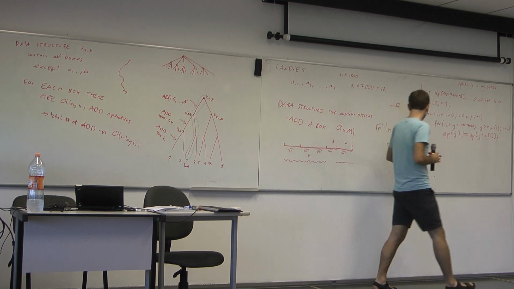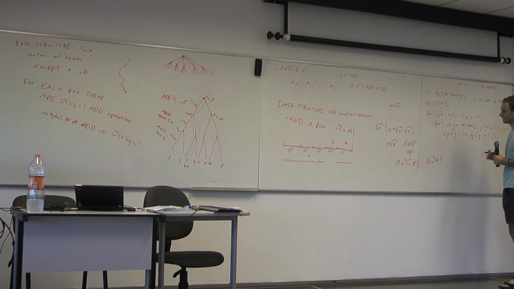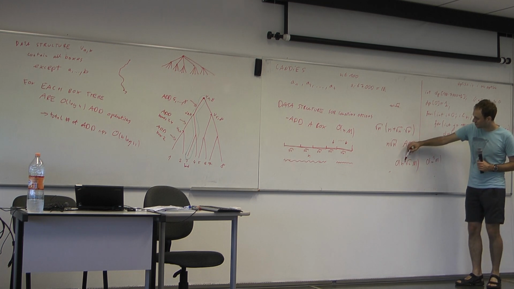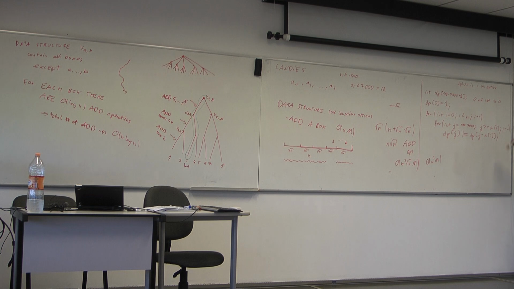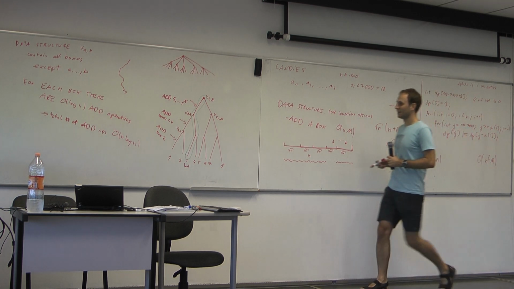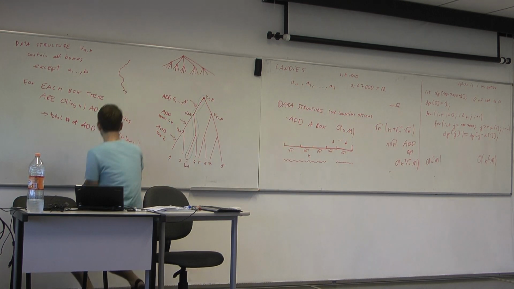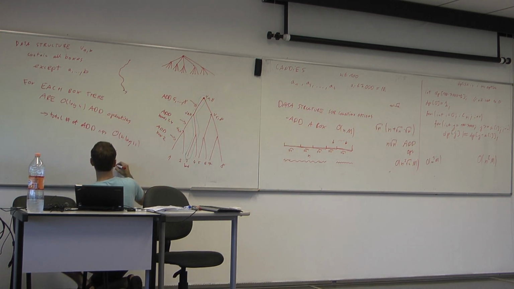And if you look at this number, what we'll get is n squared times log n times m, which is great, right? Because this algorithm here works with, this is like n times m. This is like n squared m. And what we get is O of n squared log n times m.